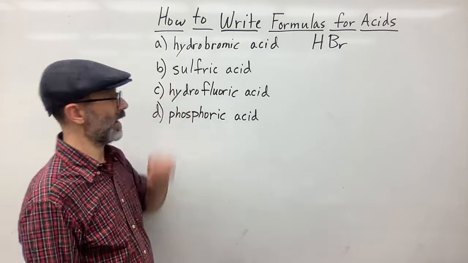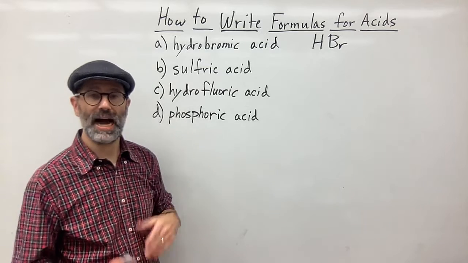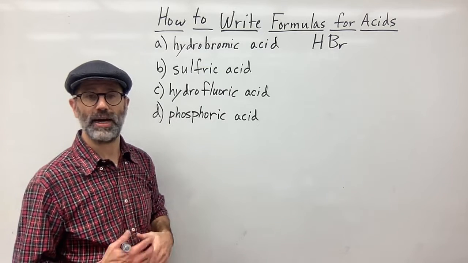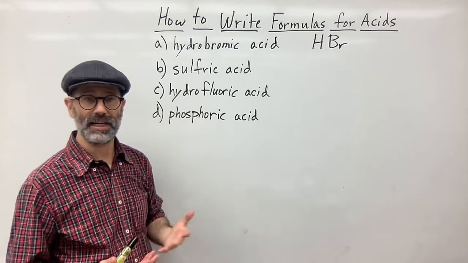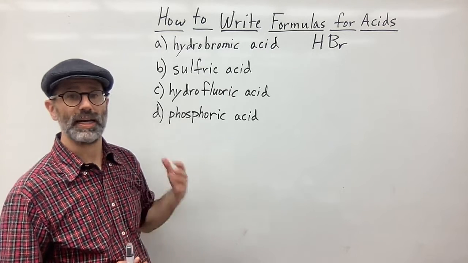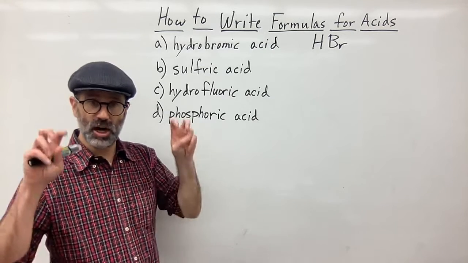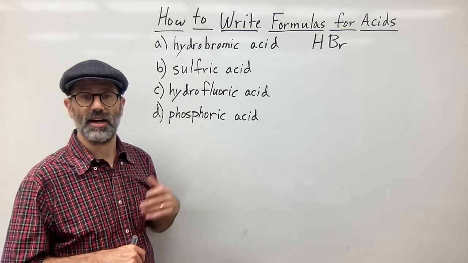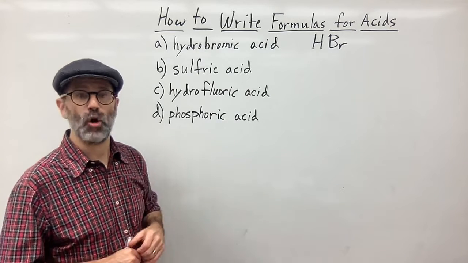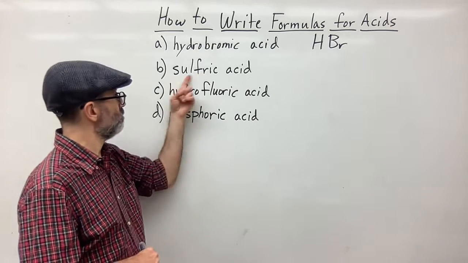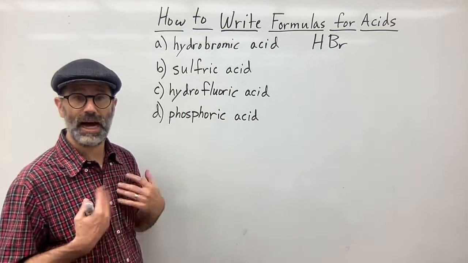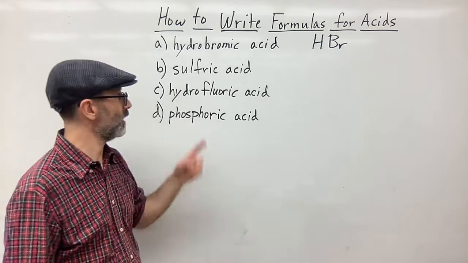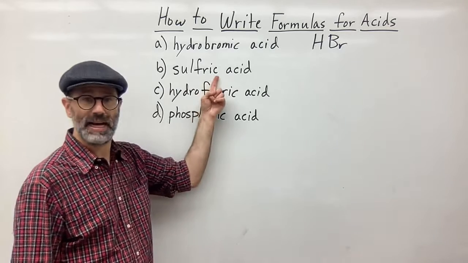For sulfuric acid, since we know it's an oxyacid and therefore we're going to have a polyatomic ion that has oxygen in it, we're going to need to balance the charge with the hydrogen. So sulfuric is referring to the sulfate ion. How do I know it's referring to the sulfate ion? Because of the IC ending.